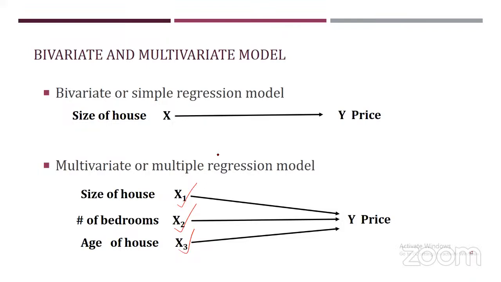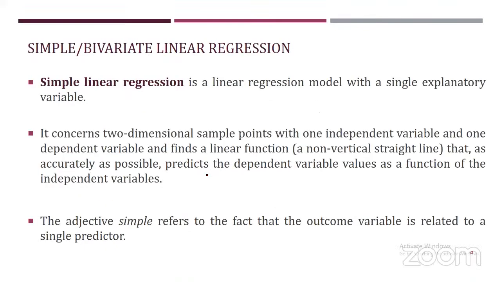These could be the features for your houses. So when only one feature is involved, it is simple, and when multiple features are involved, it is referred to as a multiple regression or multivariate regression. I will first explain everything with respect to simple linear regression, then we will extend it to multiple regression.